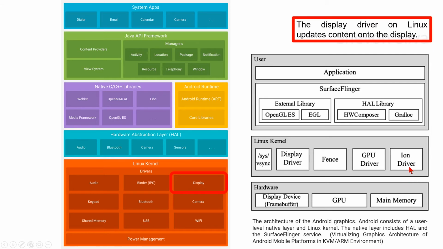ION is an integrated memory allocator for graphics buffer memory used by I/O devices such as the GPU, display controller, and camera. Before Android 4.0, each vendor provided its own specific memory allocators and interfaces, so compatibility was an open issue across different vendors' Android devices. In order to solve this, ION was introduced with Android 4.0.